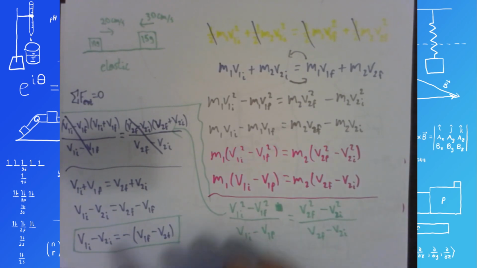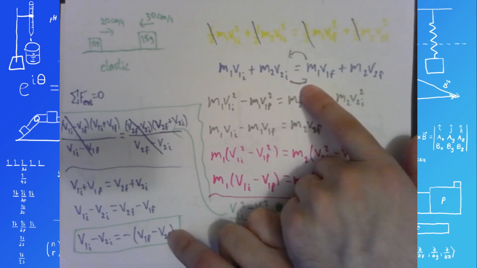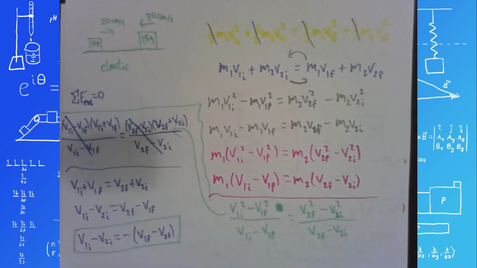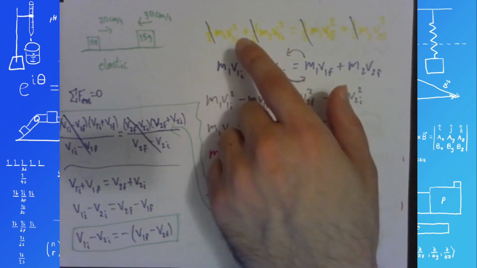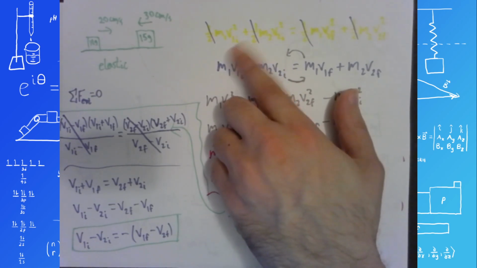So now that we have this, we can use this as our second equation with our conservation of momentum equation, and that will give us two linear equations where the final velocities are unknown, which is going to be a lot more straightforward to solve than if you had to combine the conservation of momentum equation with this.